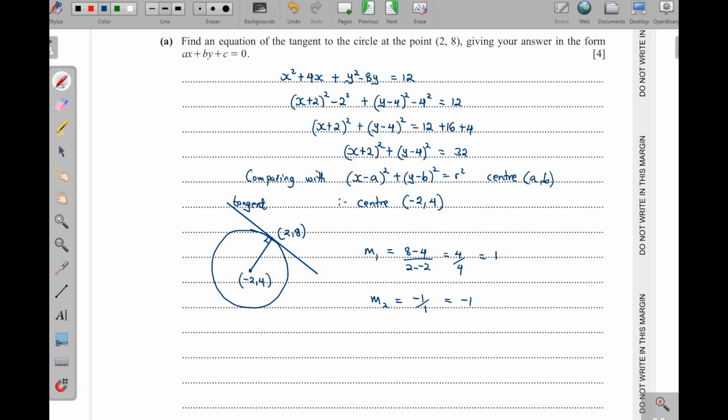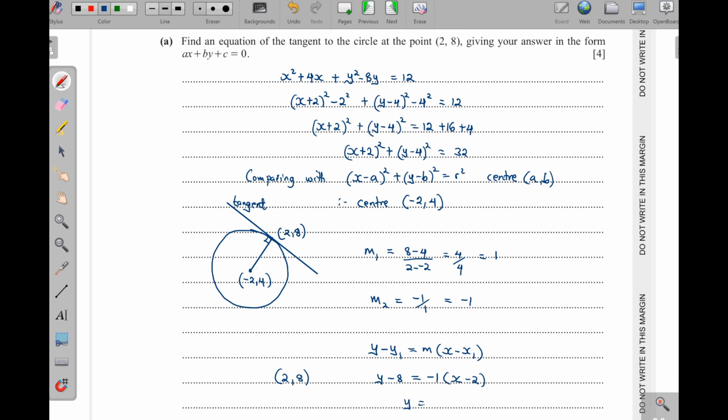Now, in order to find the equation of a straight line, we need first to get its gradient. Number 2, we need to use a point through which it passes. So using y minus y1 as the general equation of the straight line, which is equal to m into x minus x1, we are using (2, 8) here. Now we shall have y minus y1, which is 8, and our m here is -1, then x minus 2.